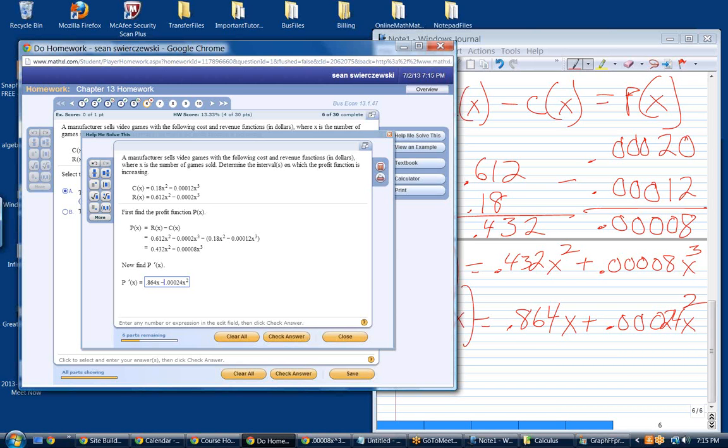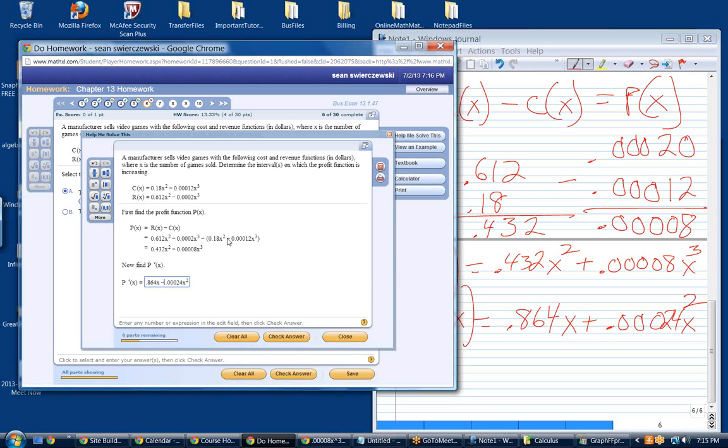If you close out right away, I don't think it'll change the problem, because if you keep going, it changes the problem. Okay. Just trying to figure out. They've got the revenue function minus the cost function. Yeah, I didn't do my subtraction right.